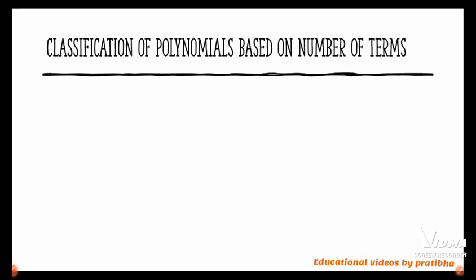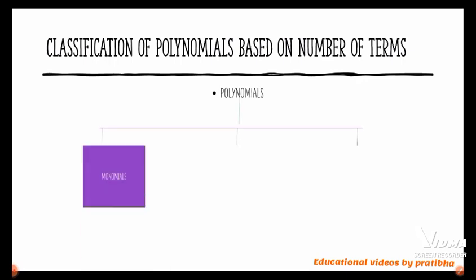Now, as we saw in our aim, we are also going to learn about the classification of polynomials. So let's see the classification of polynomials based on the number of terms. Based on the number of terms, polynomials are classified as monomials. Monomial means one term.